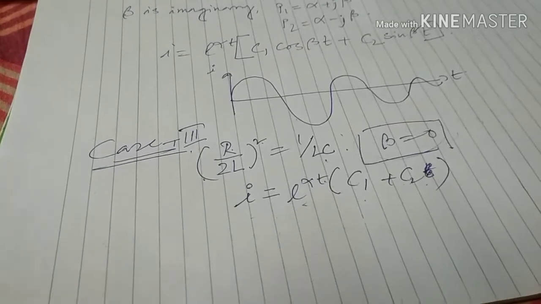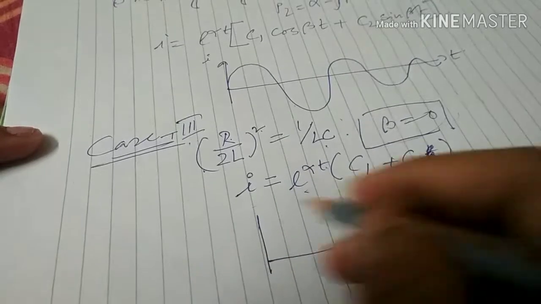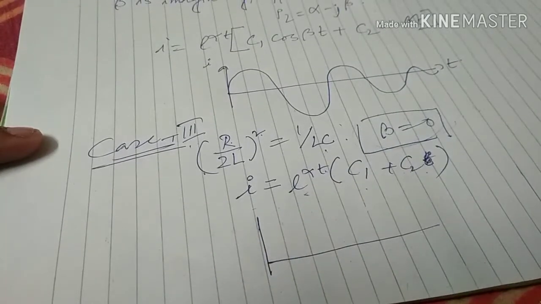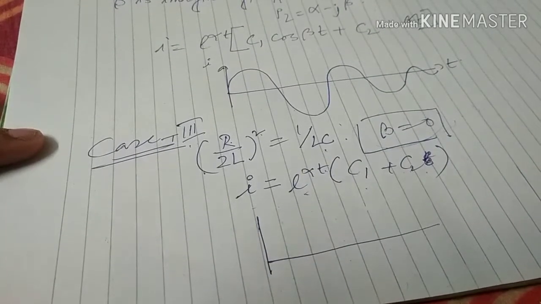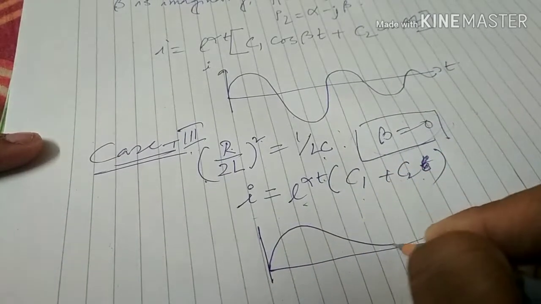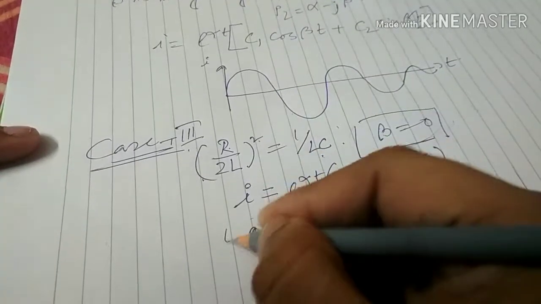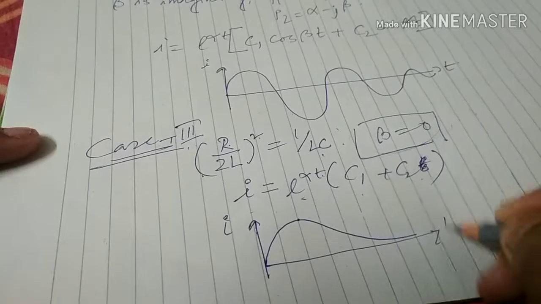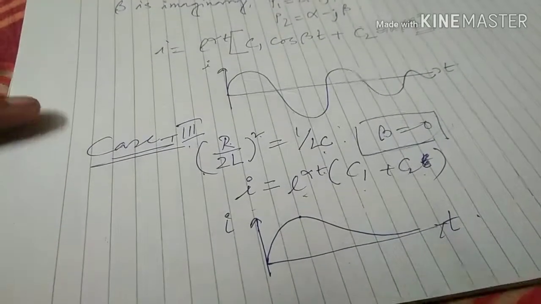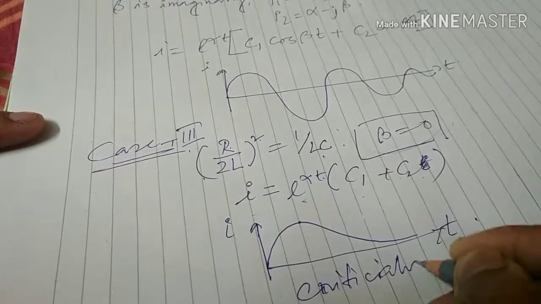Then the current graph becomes a critically damped response. That is a peak value and then decreasing. This is critically damped, with I and t axes.